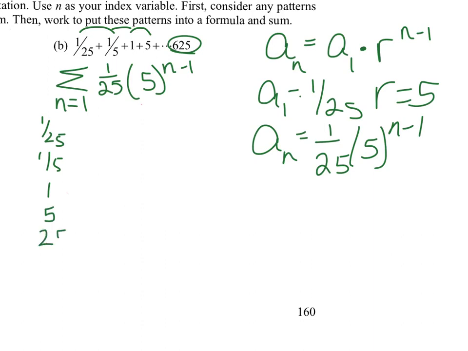So this would be 25. 1, 2, 3, 4, 5. 25 times 5 is 125. If I multiply 125 by 5, I get 625. So how many terms is that? 1, 2, 3, 4, 5, 6, 7. So 7 is the last term. And that is my final answer there.